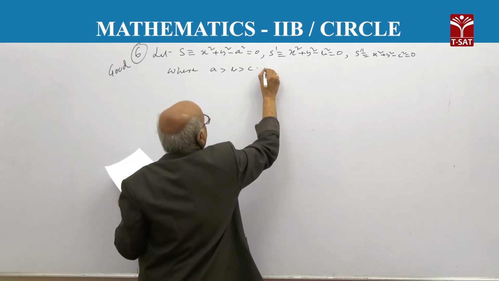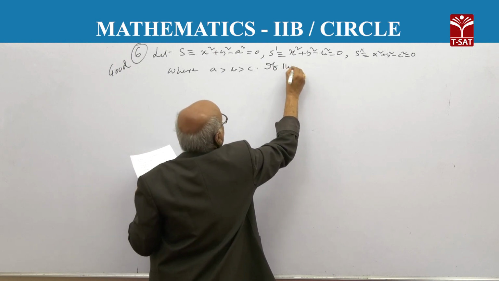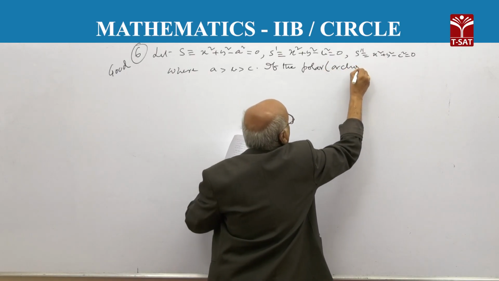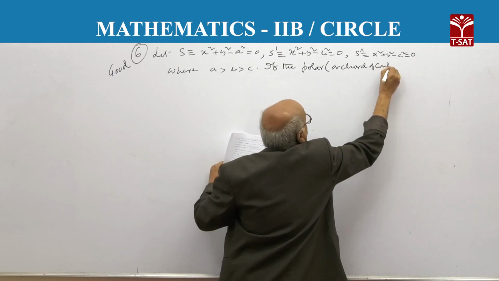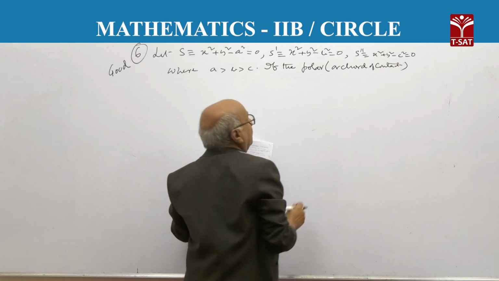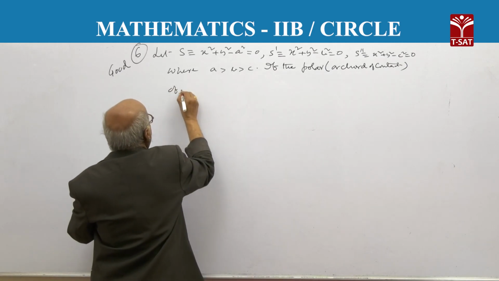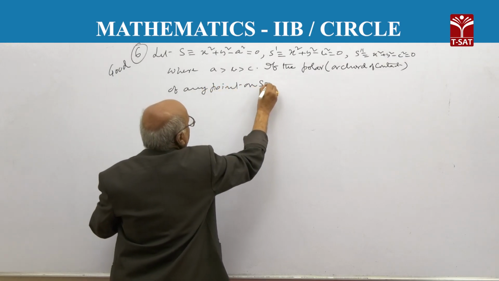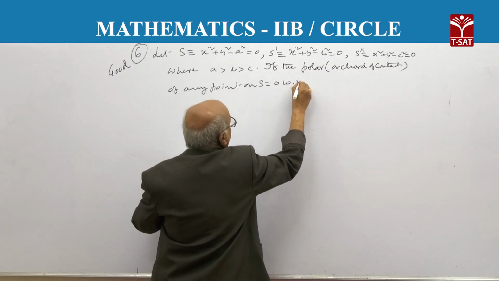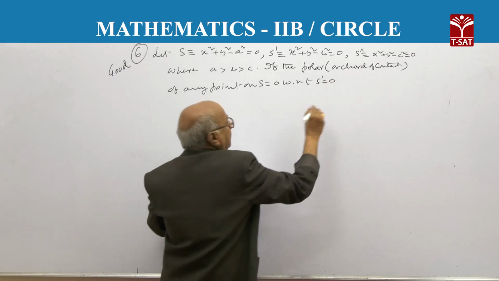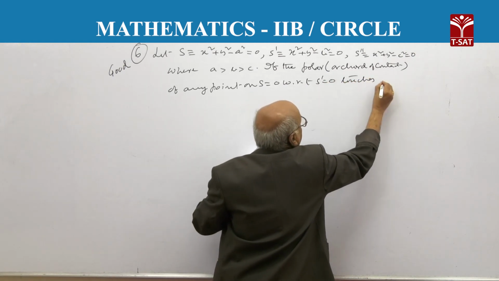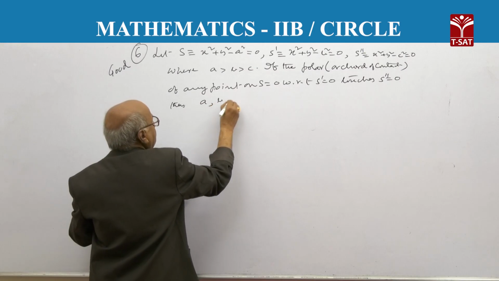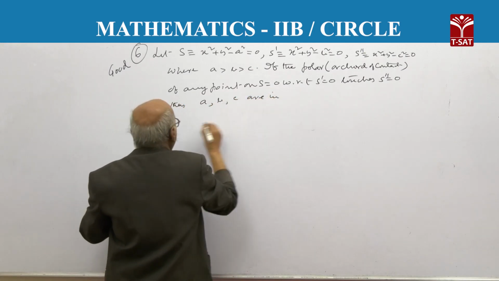Now, if the polar or chord of contact, both are the same, of any point on S equal to 0 with respect to S dash equal to 0 touches S double dash equal to 0, then a, b, c are in: 1.